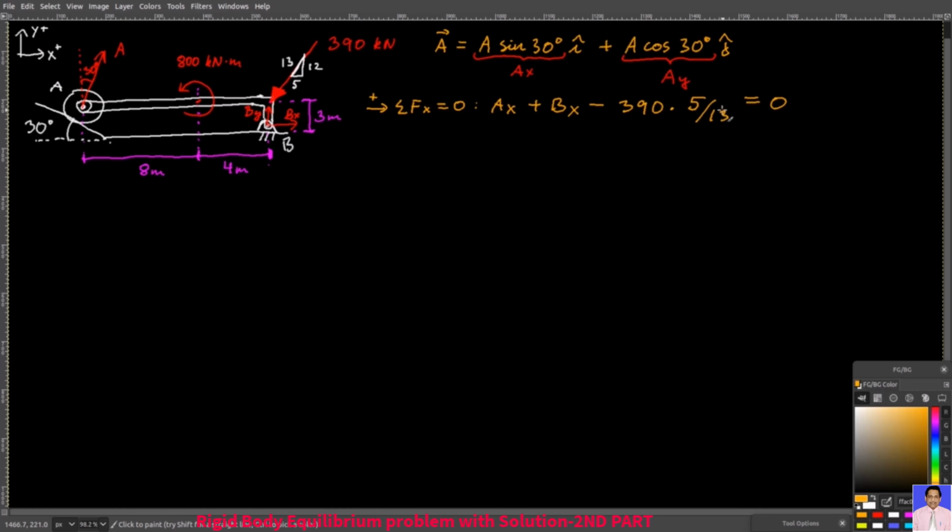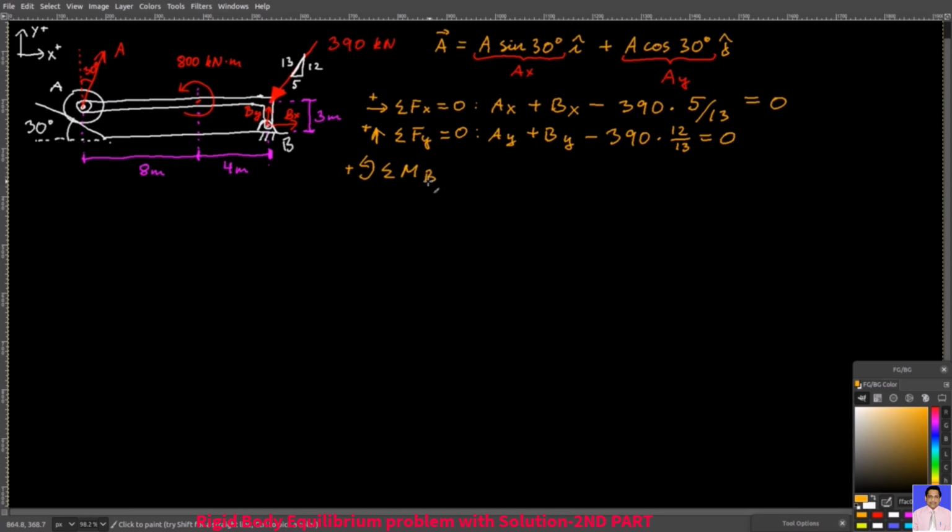This ratio here, 5/13, it's this 5 over this 13. It gives you the horizontal component of this vector. Then in the y direction, I have this equation. Again, the final term, it's now the vertical component of this 390 kilonewton force.